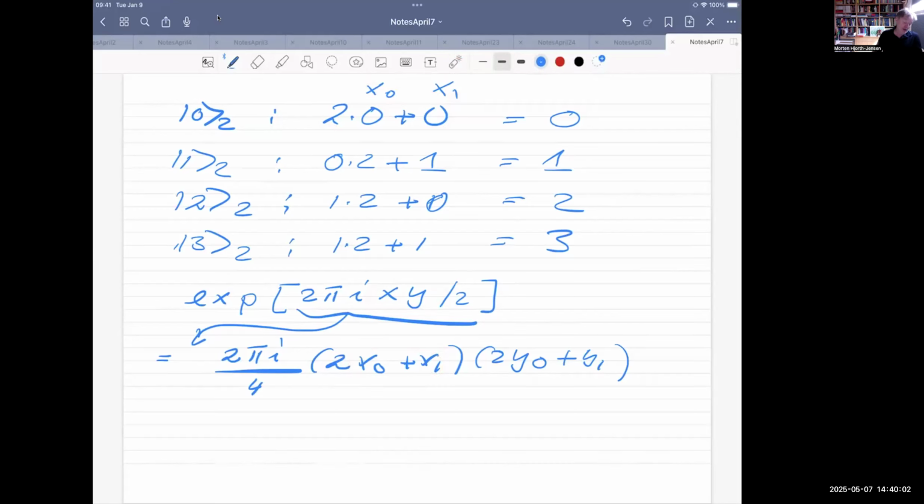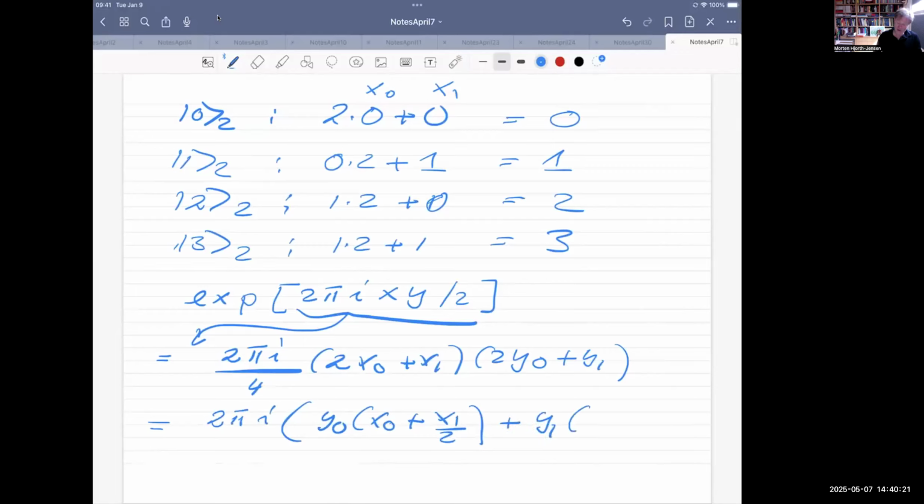So in that specific case, we can then rewrite this argument. So that becomes simply 2 pi i, and then with a simple rewrite, I have y0 times (x0 plus x1 divided by 2), and then I have plus y1.